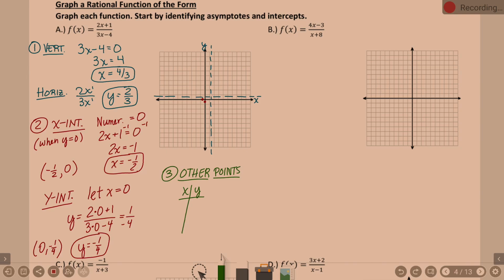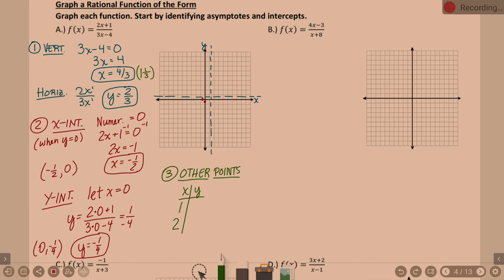Could we use 2? And I guess what I usually say is pick something on either side of the asymptote. So we could pick 2 to the right of it, and we could pick something to the left of it. I guess what I was looking at, sorry, is that if my vertical asymptote is 1 1/3, yes?